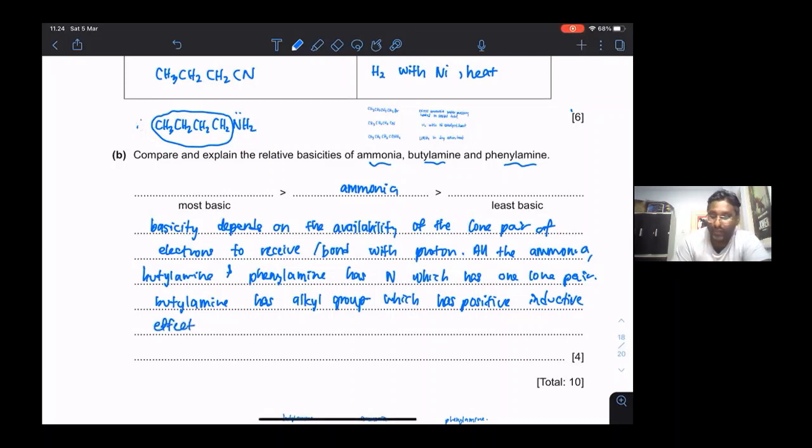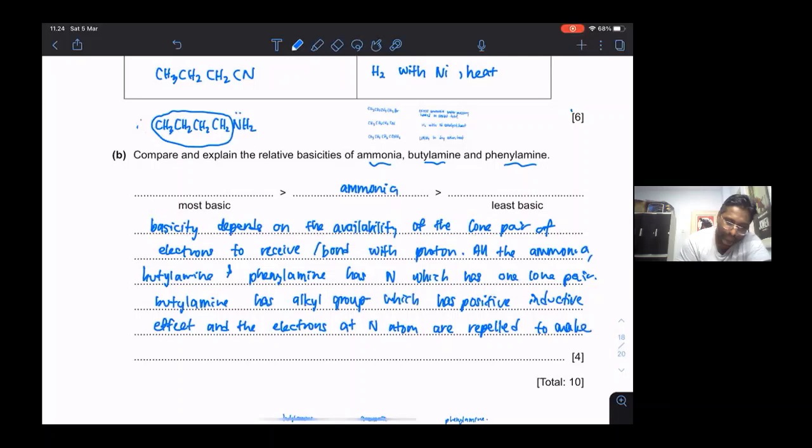They are going to donate electrons, and the electrons at the nitrogen atom are repelled to make it more available for bonding with H plus.